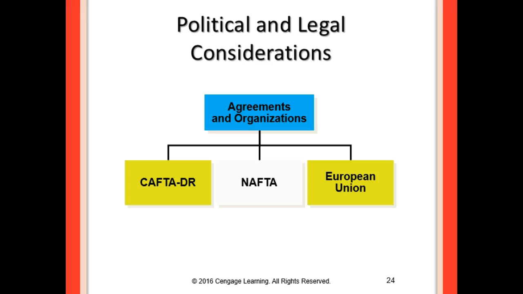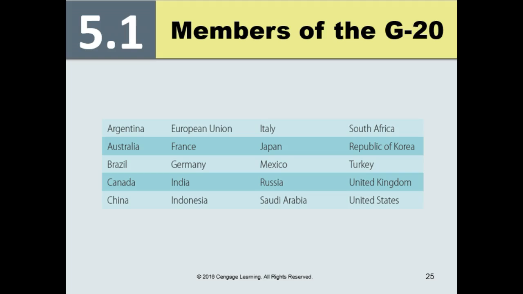A lot of times the EU does not always, let's just say they're not always kind to multinational companies that are based in the United States, that are mainly United States. But it's a way of trying to integrate and promote trade amongst its member states.